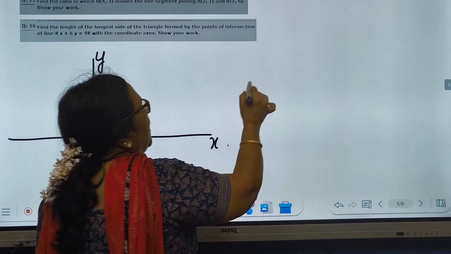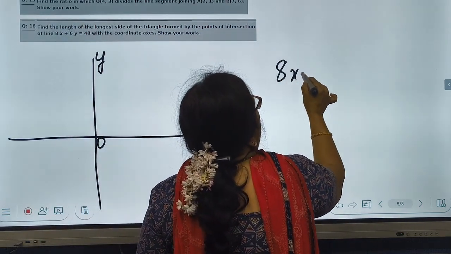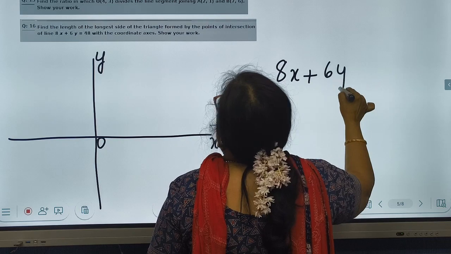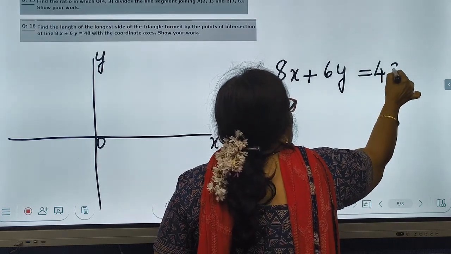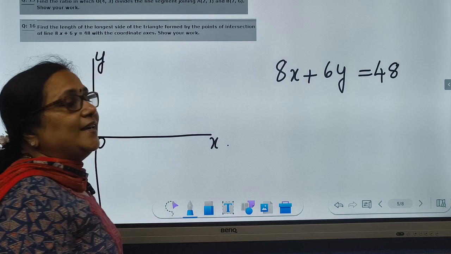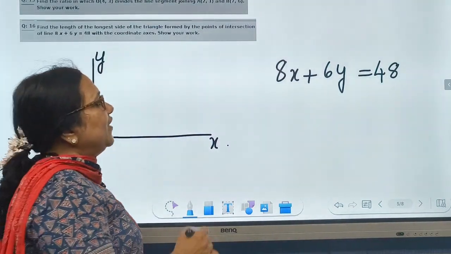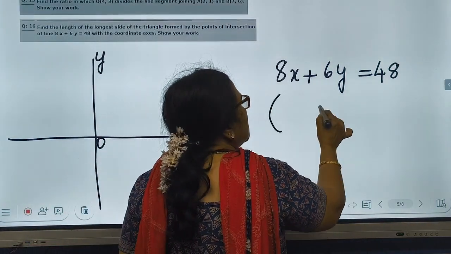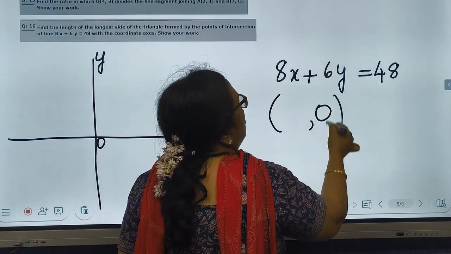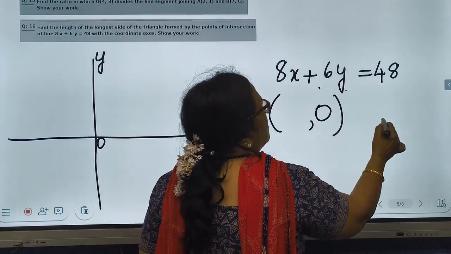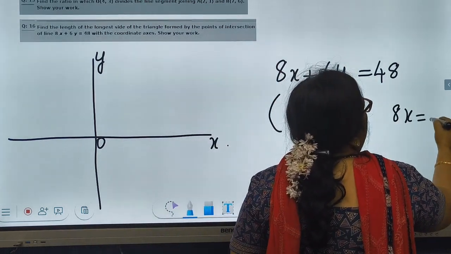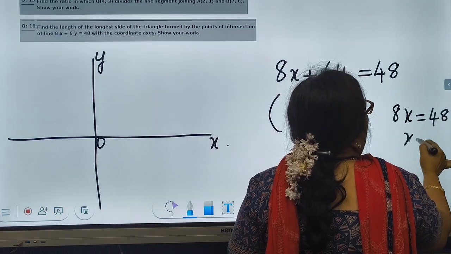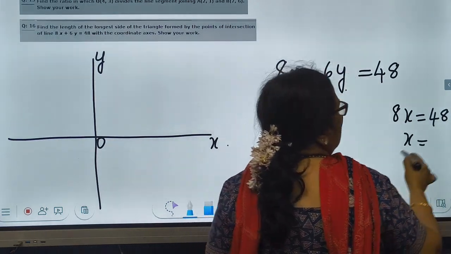We have to sketch the line 8x plus 6y equal to 48. To sketch any line, find where it cuts the x-axis and the y-axis. Put y-coordinate equal to 0. When I put y equal to 0, I will get 8x equal to 48 or x is equal to 6.